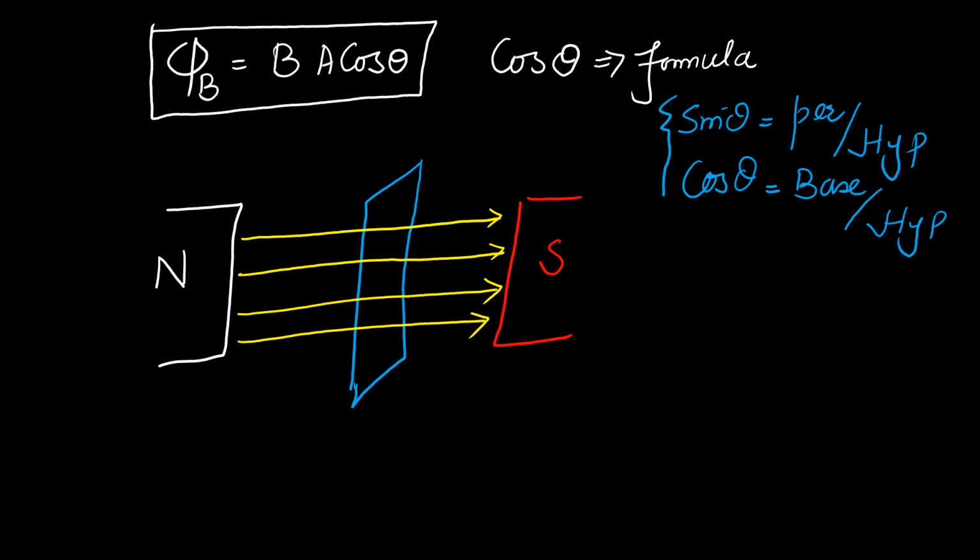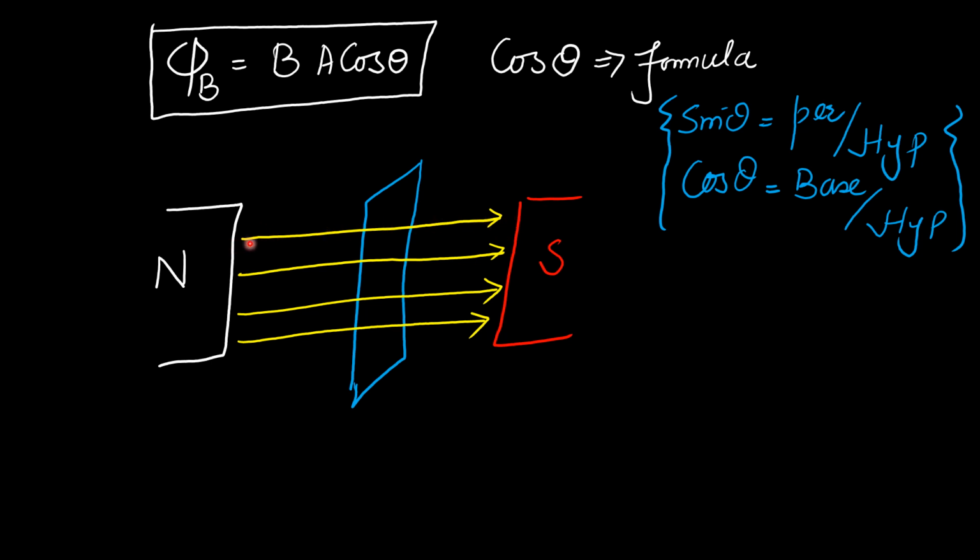So basically, for a surface which is perpendicular to the magnetic field lines, in case of cosine theta, the magnetic field lines will cross the surface from inside.